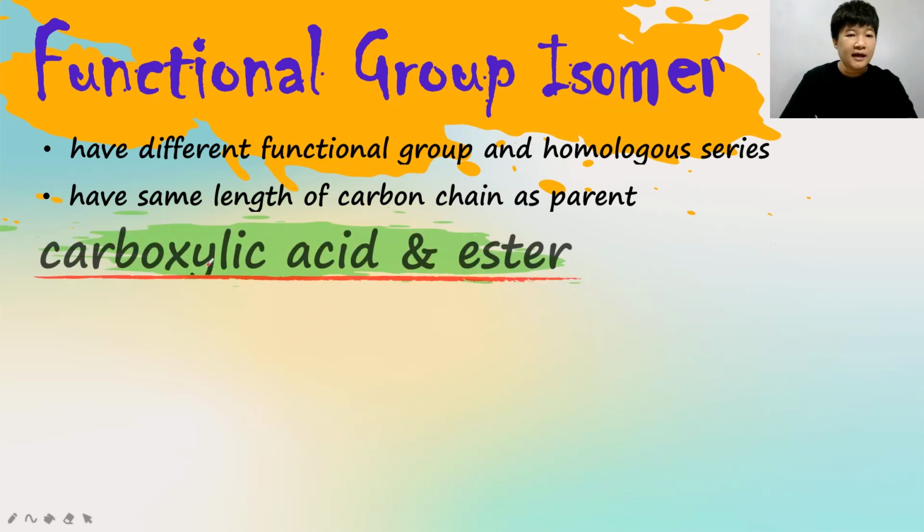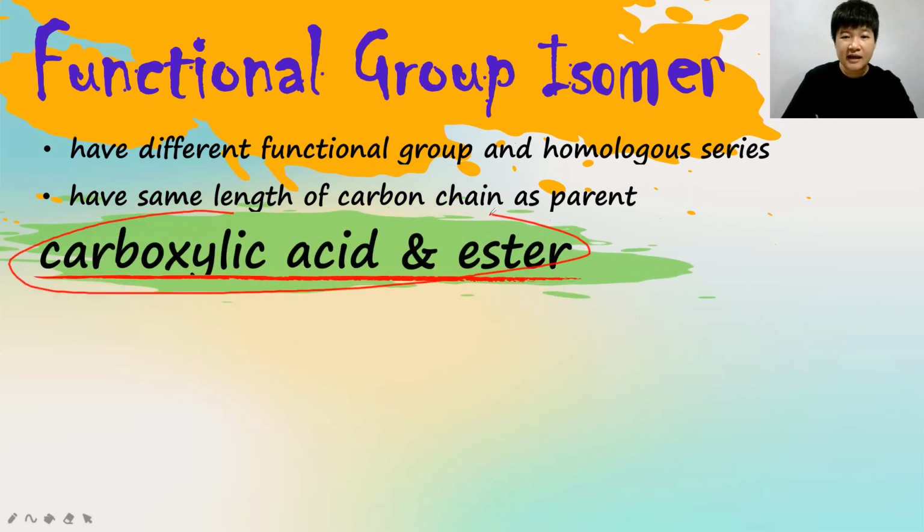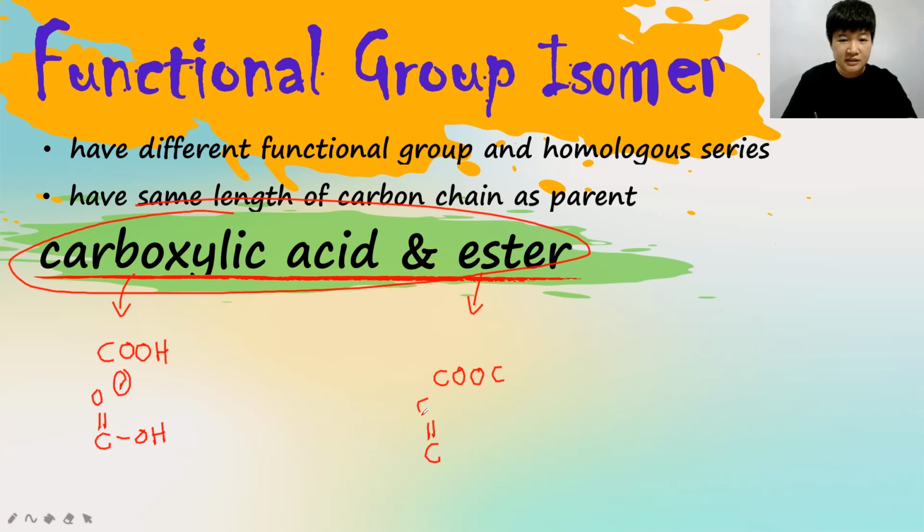Next, we have carboxylic acid and ester. Carboxylic acid, we know, is your COOH, or you can write it in the form of C double bond O, OH. Ester is your COC, in other words C double bond O, OC.